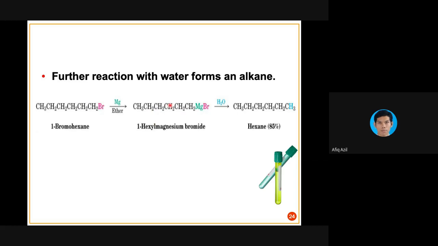So it forms this Grignard reagent first, in which you just add Mg, so CH2, the last one, dash Mg dash Br, bonded to Mg, then this Mg will be bonded to Br. And then if you introduce water to the reaction, then you can obtain your corresponding alkane, meaning that the MgBr will be removed.